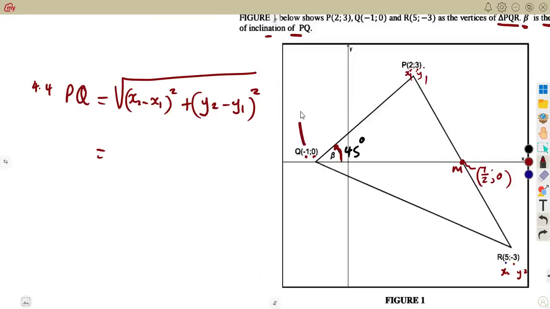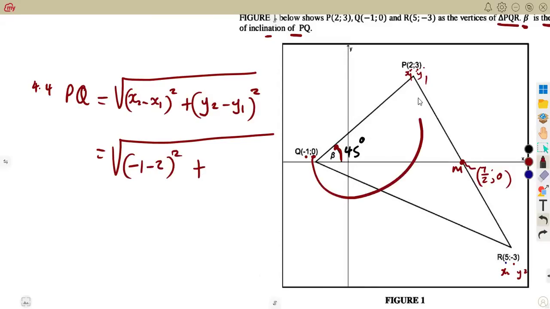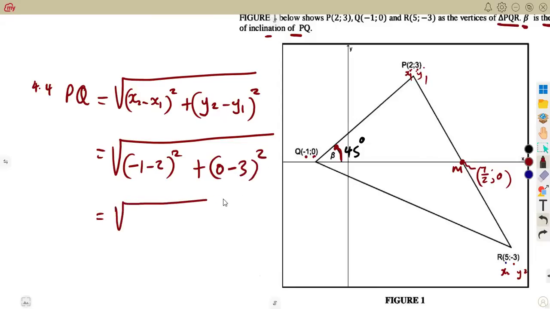For PQ, the x values: minus 1 subtract 2. So that's the square root of minus 1 minus 2 squared, plus you move on to the y values, 0 and 3, so 0 minus 3 squared. You can even use your calculator, guys. Minus 1 minus 2 squared is minus 3 squared, which is 9.